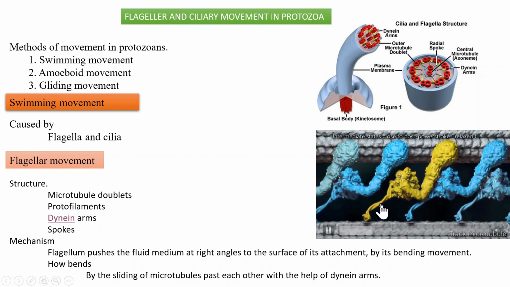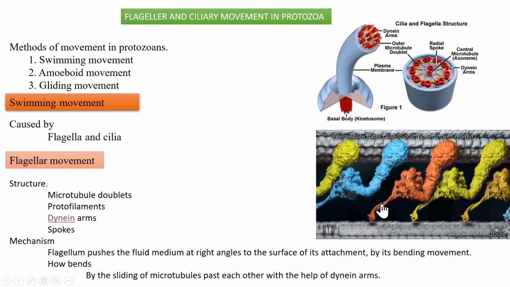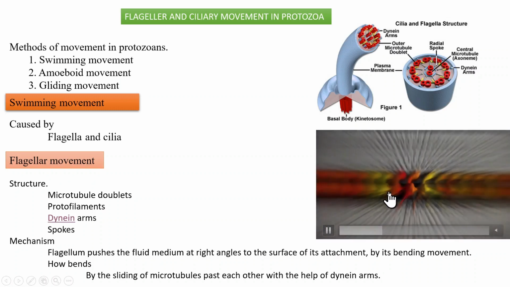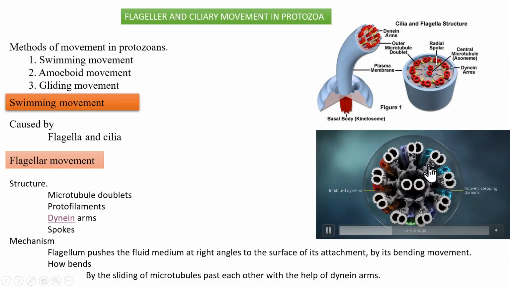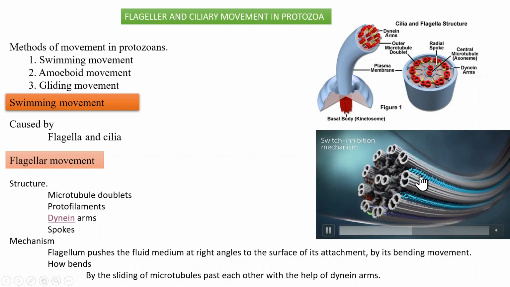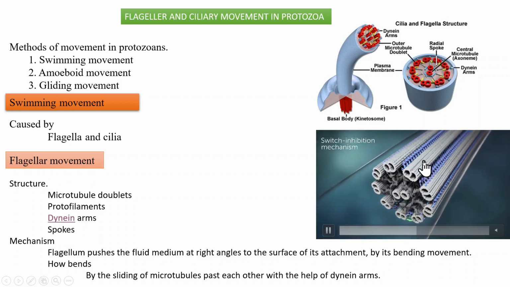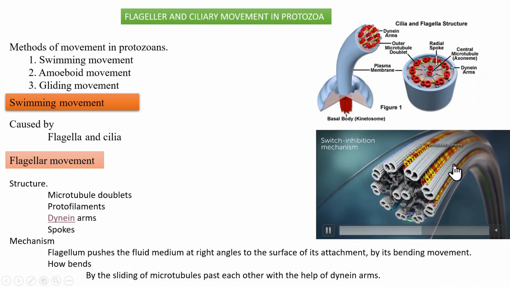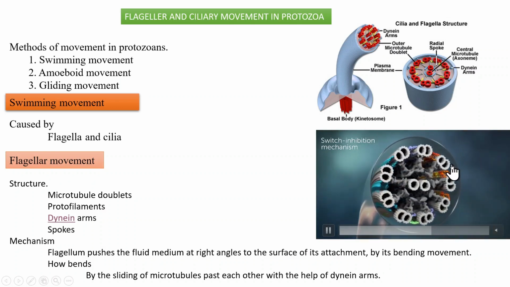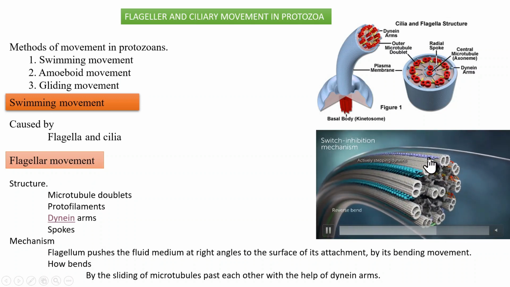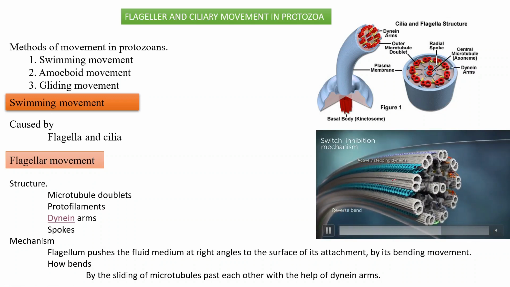So that means that the sliding movement is absent on one side. So we are going to see the whole flagellum. Red is the inhibitory and blue is the stimulatory signal. These signals are alternating, and I can see that this alternation alternately bends the flagellum in two directions, to and fro.